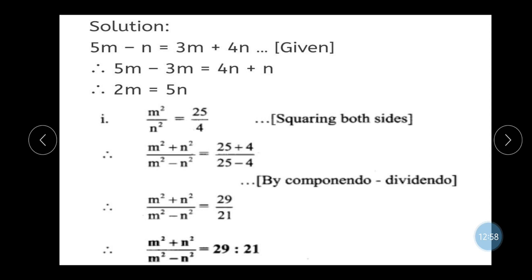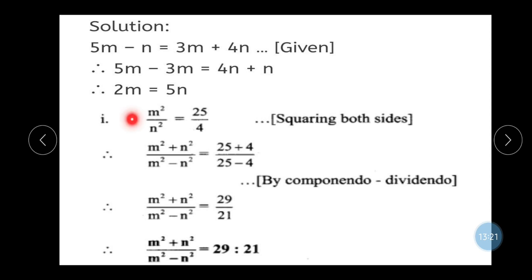Now we need the value of m and n. So our m upon n is equal to 5 upon 2. Now in the question it is given as m square and n square, so we are squaring both sides. That is (m upon n) the whole square is equal to (5 upon 2) the whole square.